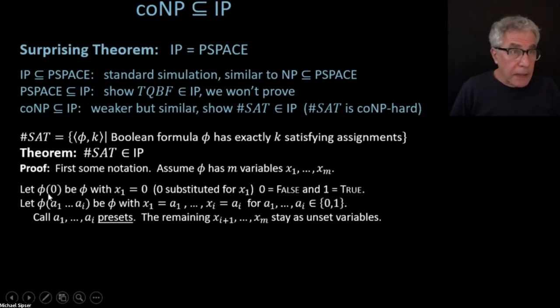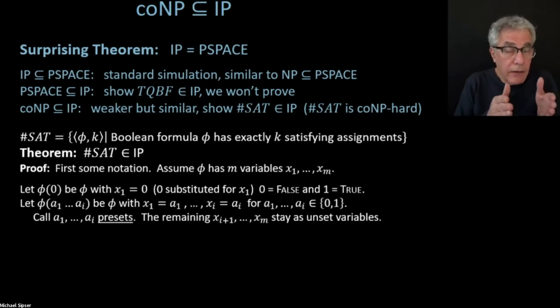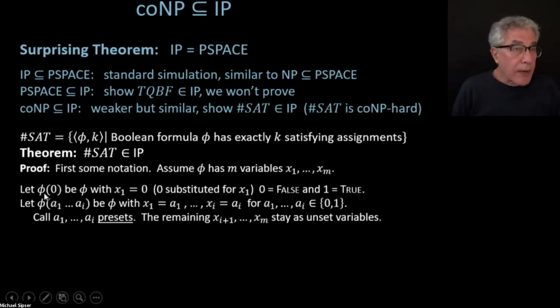So if you have some formula, what I'd like to do is preset some of the variables of that formula. So that's going to be a formula on m variables, x1 to xm. And I'd like to preset the first i variables to zeros or ones as I wish. I'm going to indicate that by φ with 0, which means I'm setting x1 to 0 and the rest of the variables remain variables.